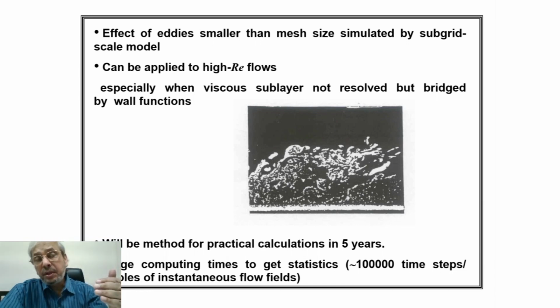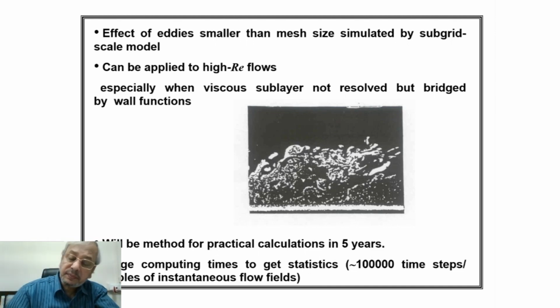We need not store all 100,000, but there are ways of calculating from such instantaneous flow fields the time average flow field, etc. So a large number of time steps or time instants are needed to derive the correct statistics.